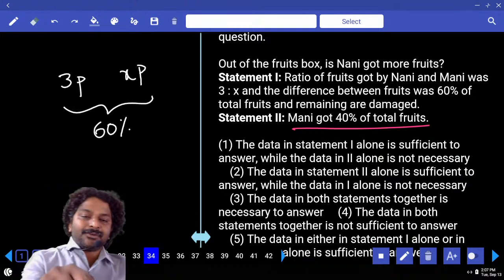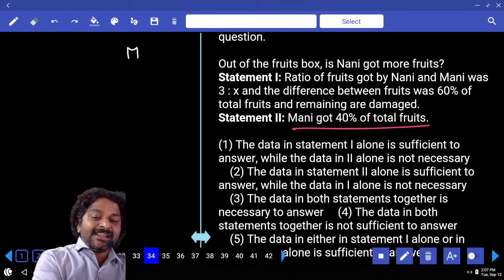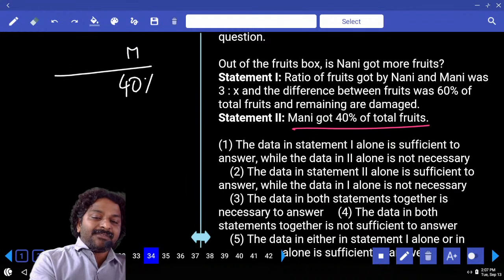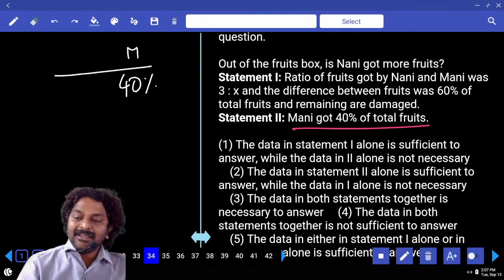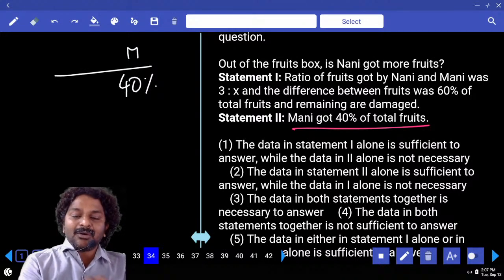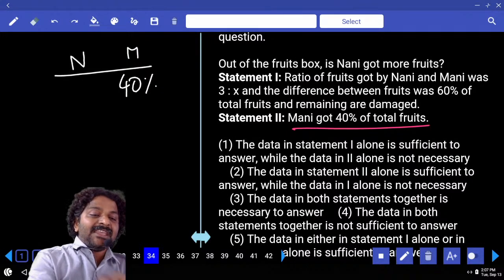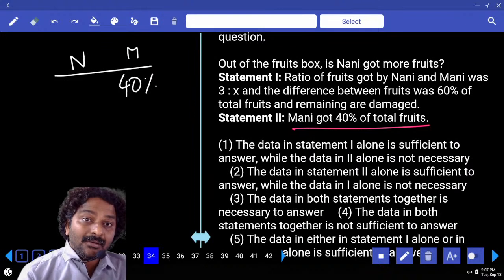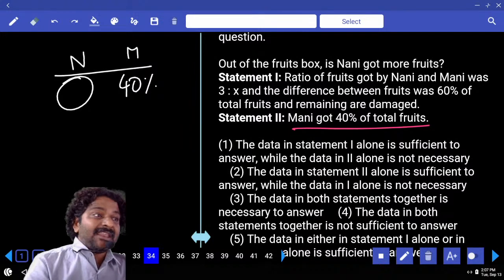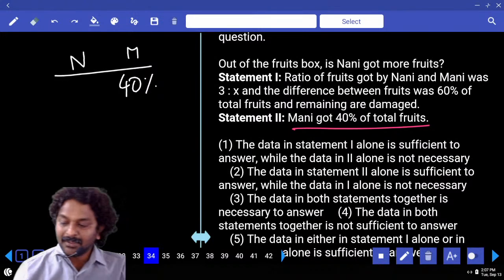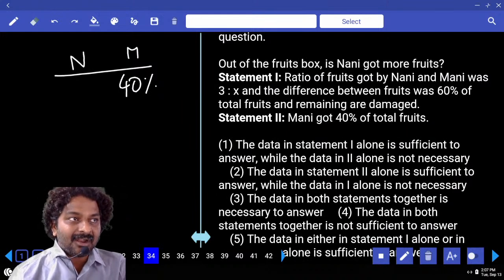If Money is getting 40% of the total, then using only the second information, can you say how much Nani is getting? Can you calculate how much Nani is getting? No way. This 2 alone is also not sufficient.